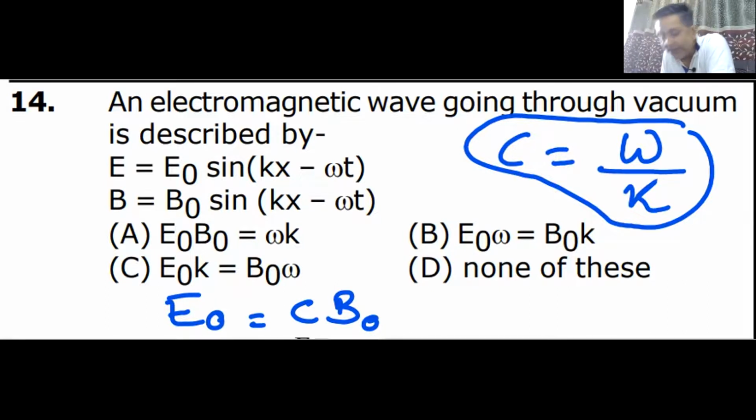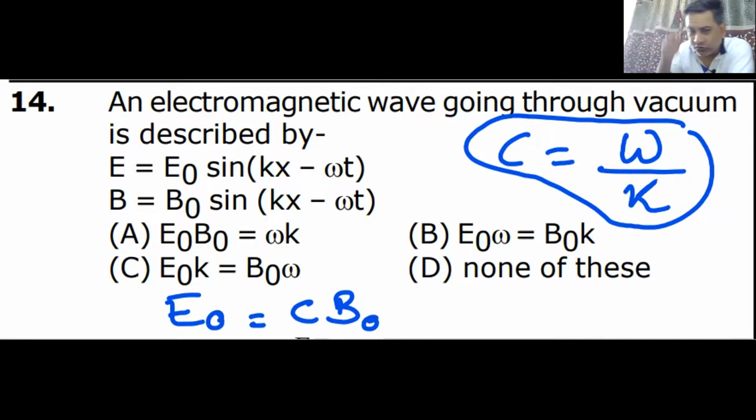So now you can tell me which option is correct. C is 1 by root over mu naught into epsilon naught. That is correct. This is how you can find out C as well. Omega by K. These are different ways in which the same thing is asked.